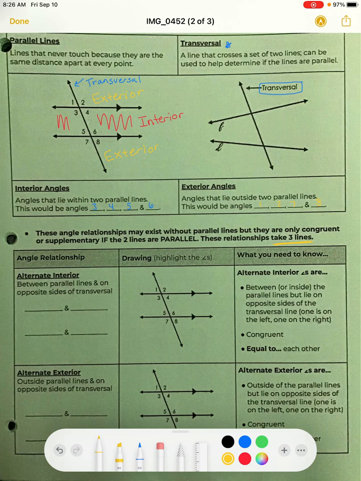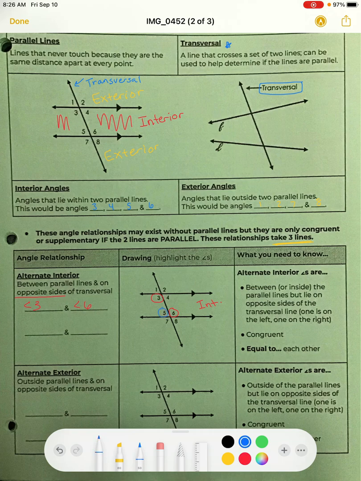So alternate interior angles are between parallel lines and on opposite sides. The word alternate is similar to the word opposite sides. So opposite sides, and they're between. Interior has to be between the two lines, and opposite sides could be like 3 and 6, which are on opposite sides of the transversal.